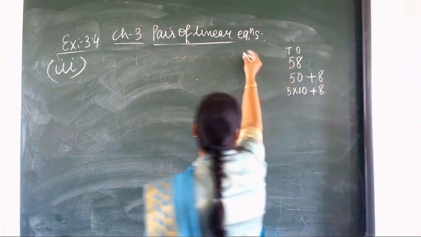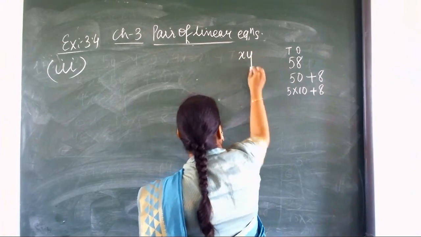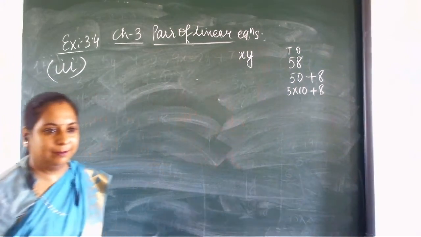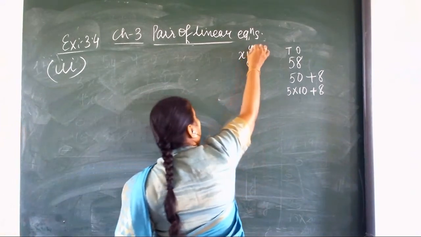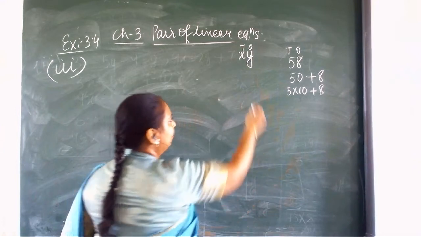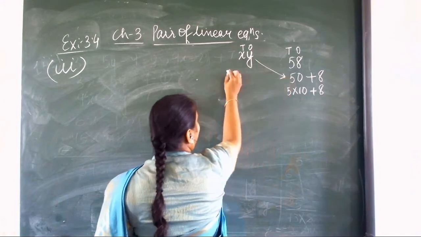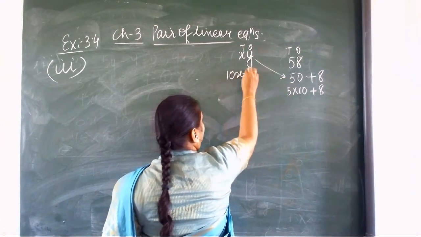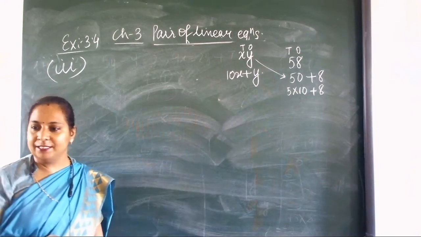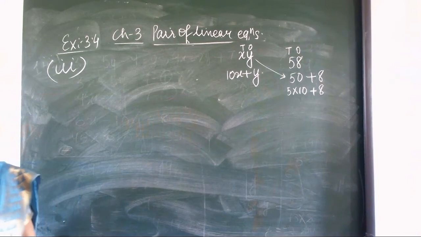Now if we don't know the two-digit number, suppose I am taking xy as a two-digit number. So the ones place is y and the tens place is x. According to this, what can we write? 10x plus y. In the expanded form, we write it like this: 10x plus y.